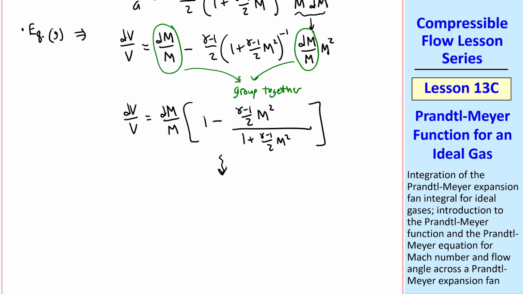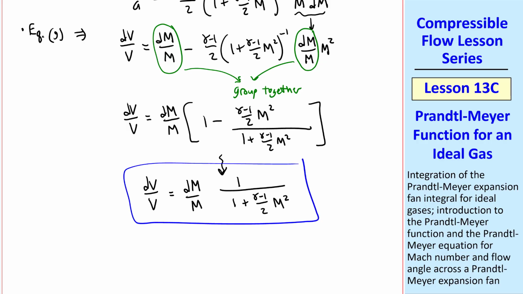And doing a little bit of algebra on this term in brackets yields dV over V equals dM over M, 1 over 1 plus gamma minus 1 over 2 M squared. We've achieved our goal of getting dV over V in terms of Mach number, and of course, ratio of specific heats since this is an ideal gas.